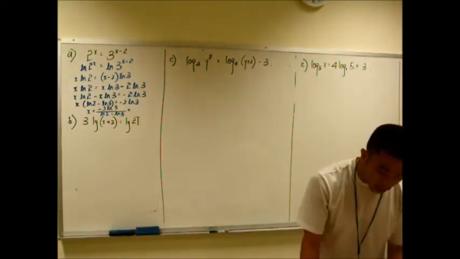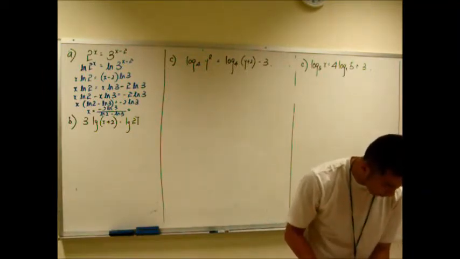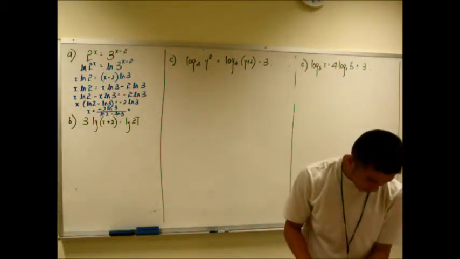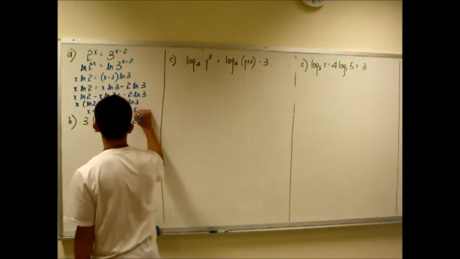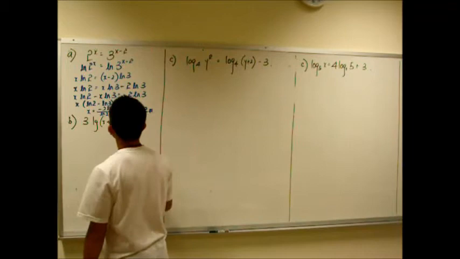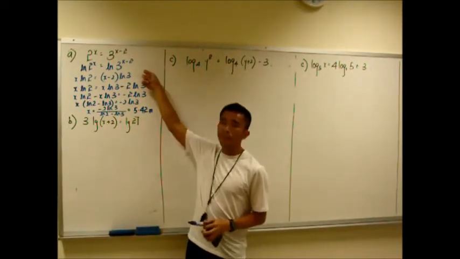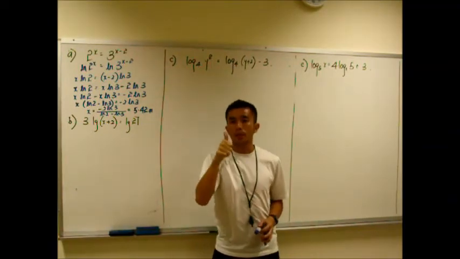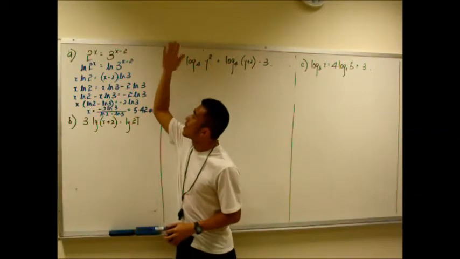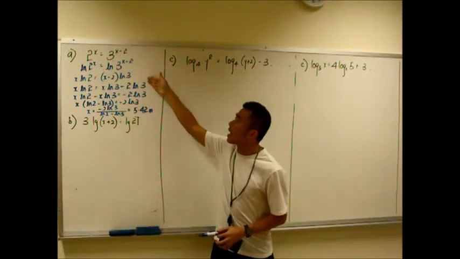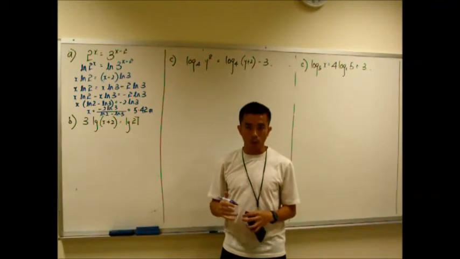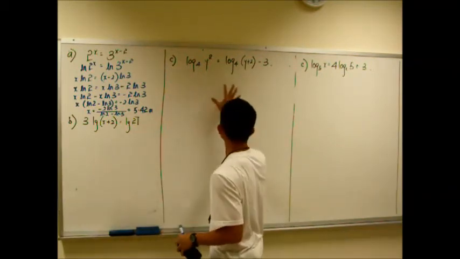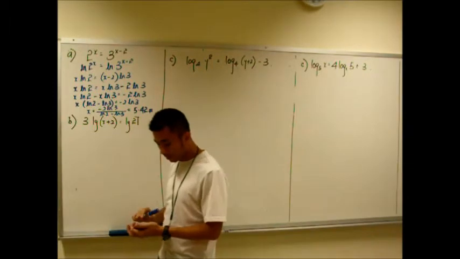With the use of the calculator, very quickly, I will have 5.42. Tell yourself, if you need to solve a particular equation, but you cannot use substitution method, there's no way you can factorize, there's no way you can simplify, this is the only other method, taking ln or log on both sides.